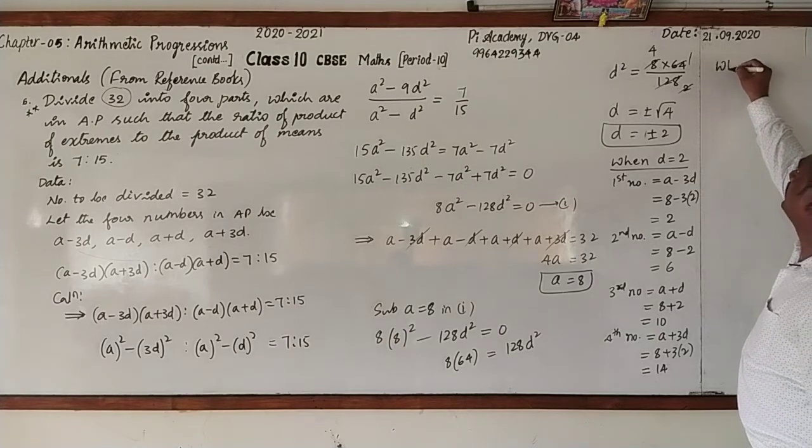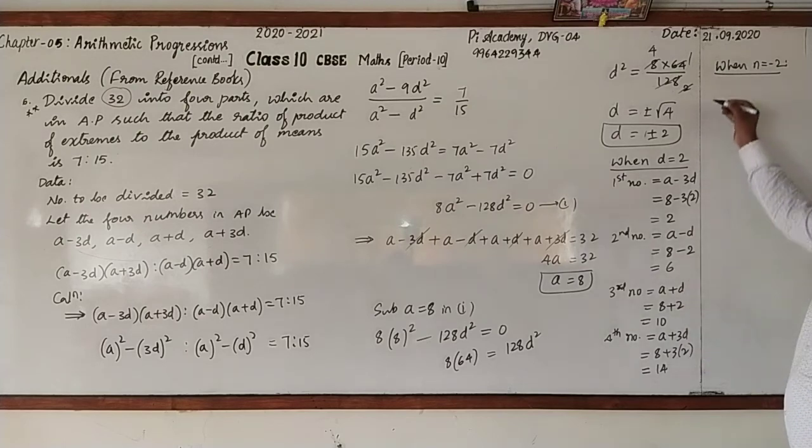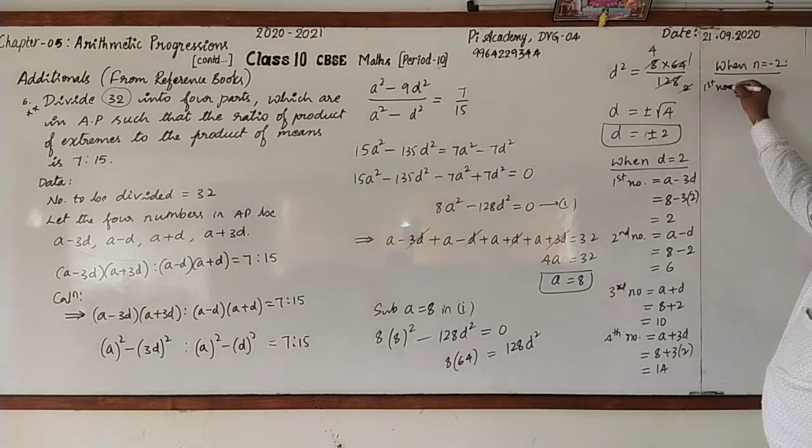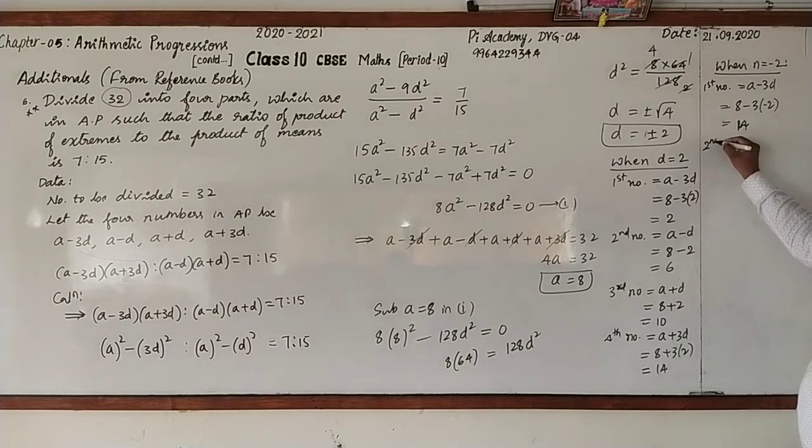What is that? When d is equal to minus 2. When d is minus 2, then first number can be written as a minus 3d, where a is 8 minus 3 into minus 2. Minus into minus plus, 3 2s are 6, 6 plus 8, 14. Same. Next. Second number is a minus d. a is 8 minus, minus d is minus 2.